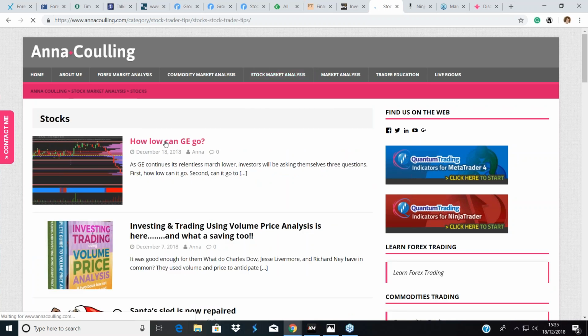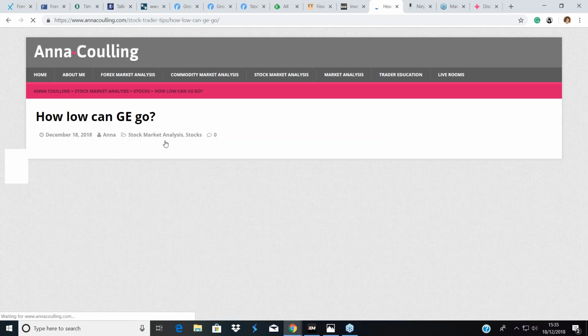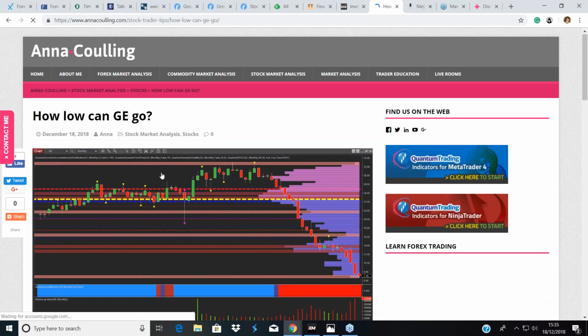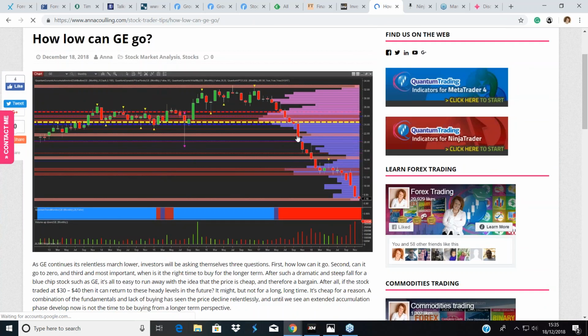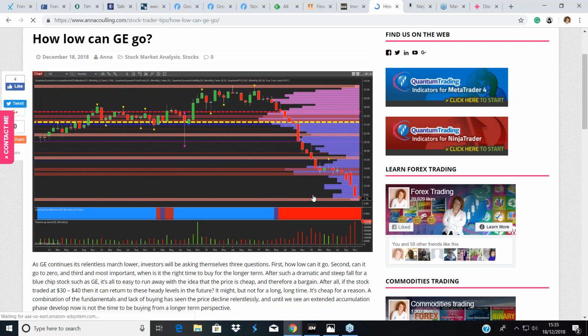Here we are. How low can GE go? That was done earlier today. And again, that's been in, as you know, an absolute free fall. And you can read on there what we would be looking at, hopefully, when the accumulation phase may start at some point.